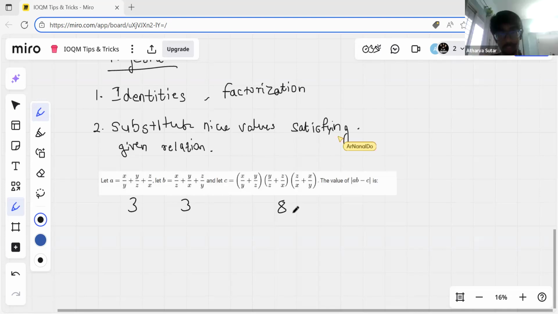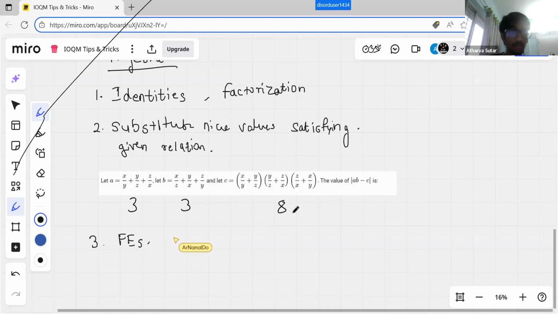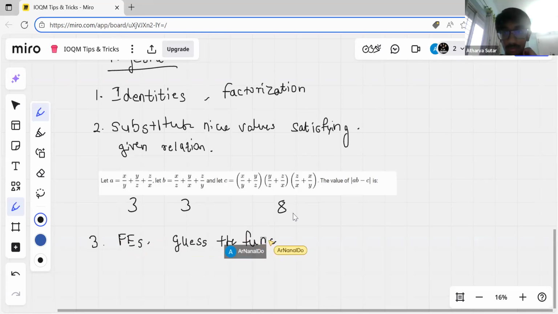Okay. So the next important thing is in FEs, functional equations. It's not very common in IOQM, but there are a few problems. In FEs, you need to guess the function beforehand.